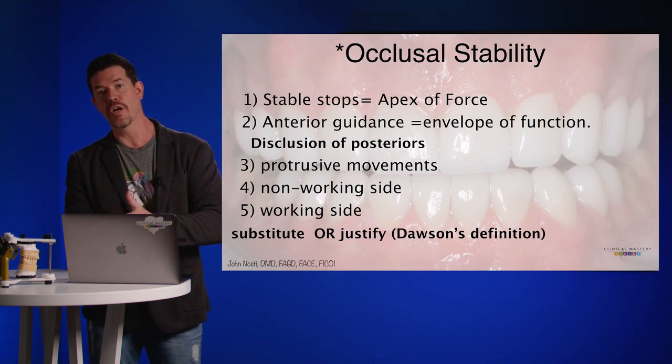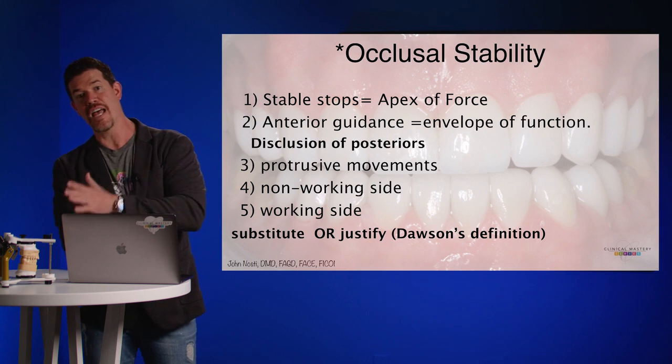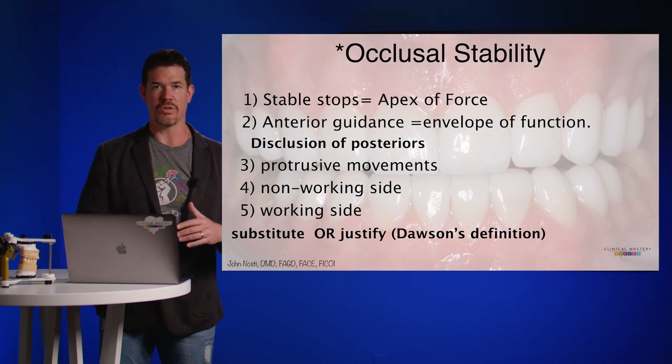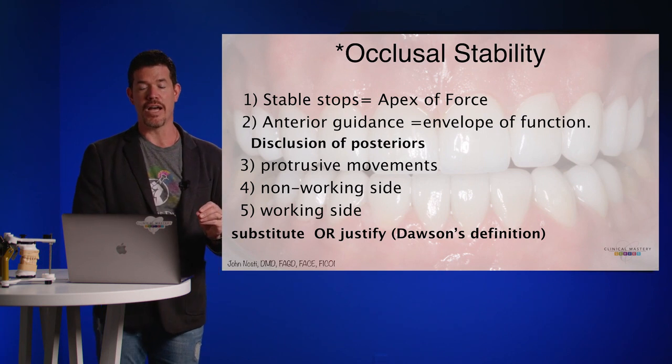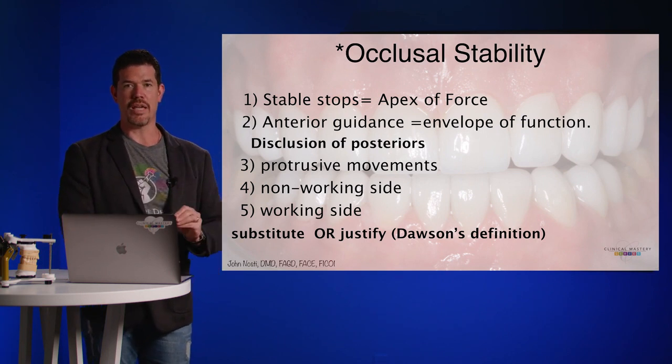Or if you go to the working side, meaning the side you're sliding to, your back teeth don't touch. So all that means for 3, 4, and 5 that we see here on the screen, when you slide forward, slide left, and slide right, none of the back teeth touch. And you had to substitute or justify why this wasn't the case.